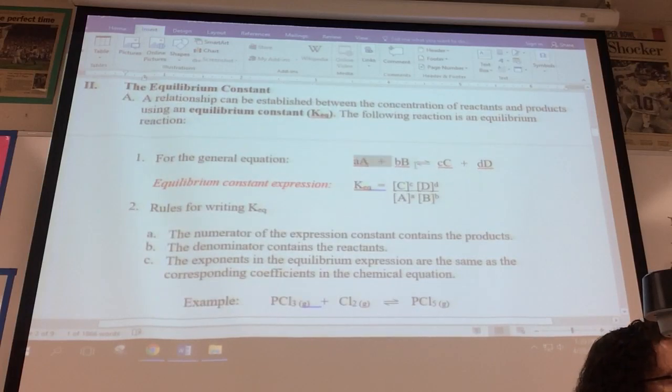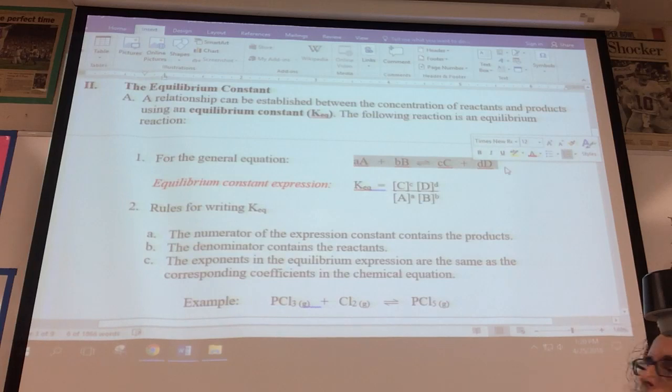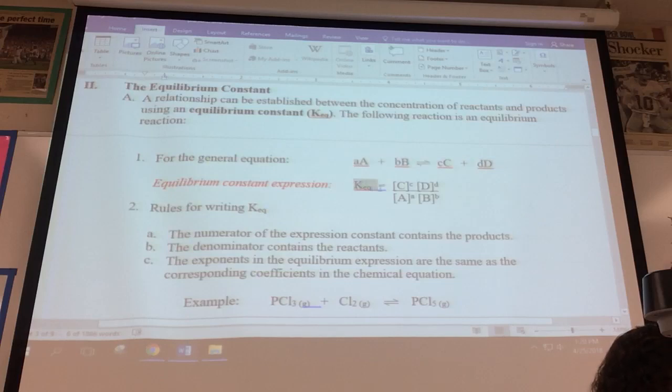For example, you've seen this generic reaction written previously where the lowercase letters represent stoichiometric coefficients and the uppercase letters represent reactants or products. An equilibrium constant expression is KEQ, which you must write, is equal to concentration of products raised to their coefficients. And it's the product of the products. You're multiplying these, not adding. Be careful.